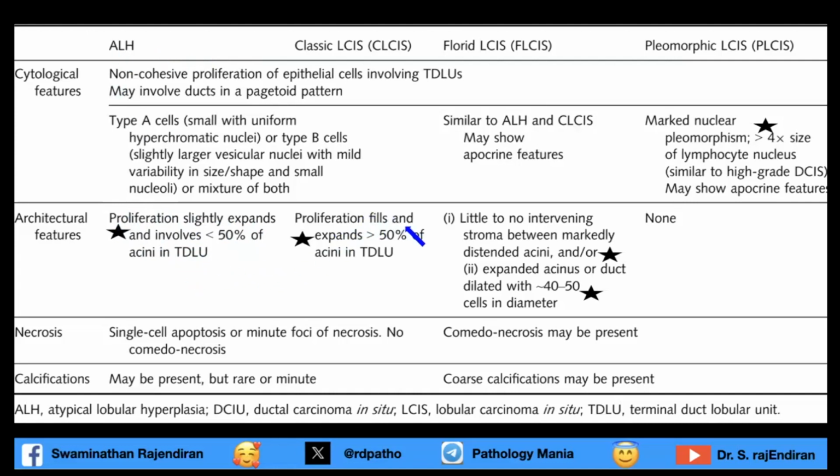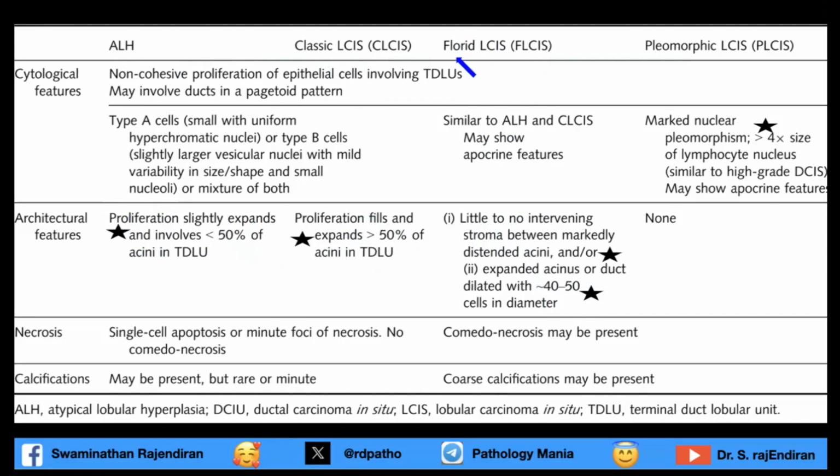When it is expanding more than 50% of the lobules, then it is classic LCIS. When this expansion is extending without any stroma between, or a large expansion occupying more or less one low power field, then we call it florid LCIS.